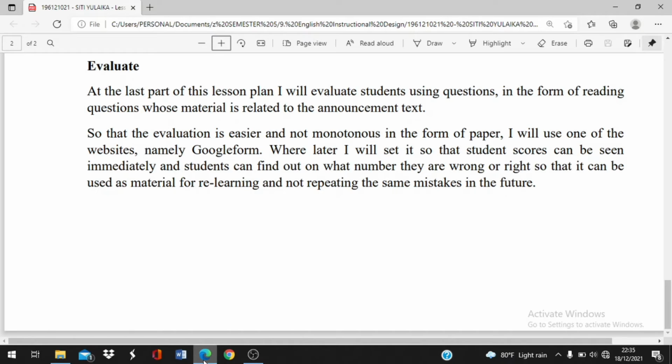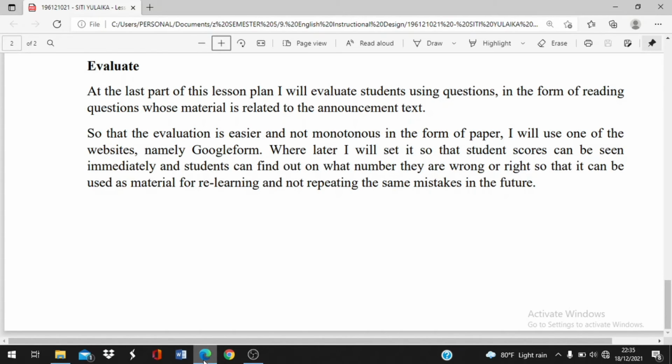At the last part of this lesson plan, I will evaluate students using reading questions whose material is related to the announcement text. So that the evaluation is easier and not monotonous in the form of paper, I will use a website, namely Google Form.